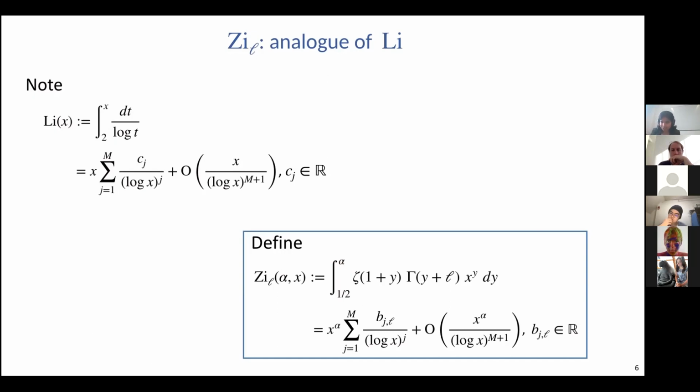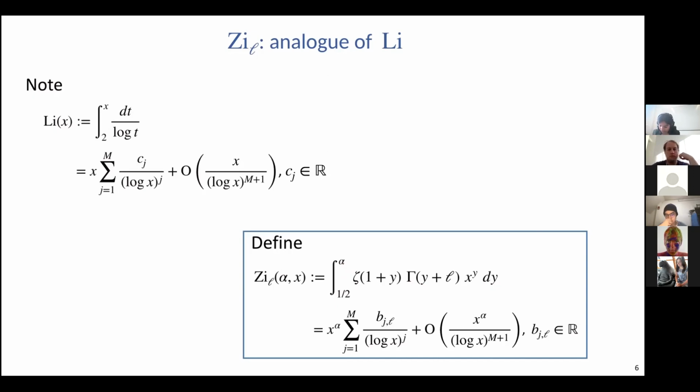Just in case you are already aware of these terms, but the point is that this is some real number, and we will be dealing with only the case when alpha is equal to 1 or alpha is equal to beta, this number, the exceptional real zero. This zeta is the Riemann zeta function, gamma is the gamma function, and this you have over here.